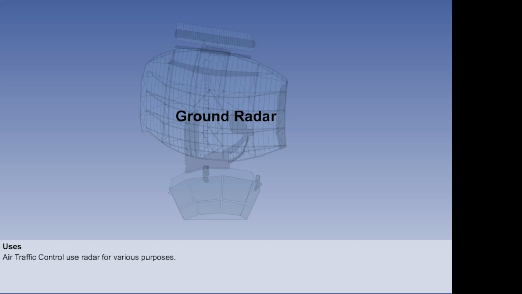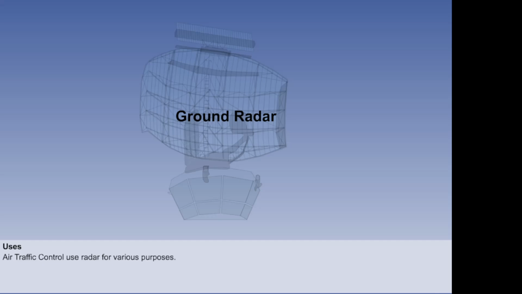Air traffic control, ATC services, use ground radars extensively to serve a large number of requirements and users. They employ both secondary radar, which we will look at in a later lesson, and primary radar techniques.